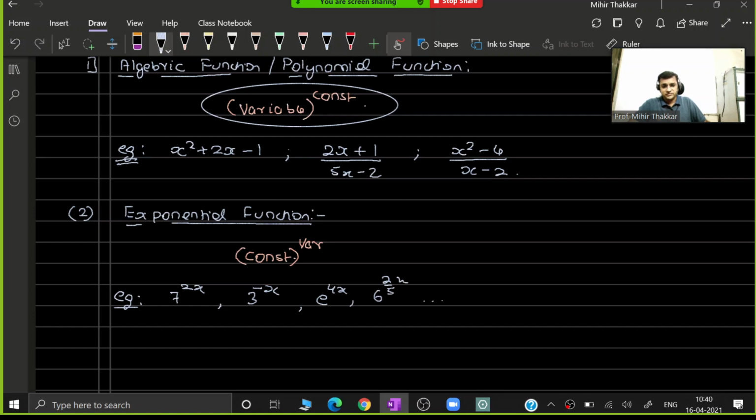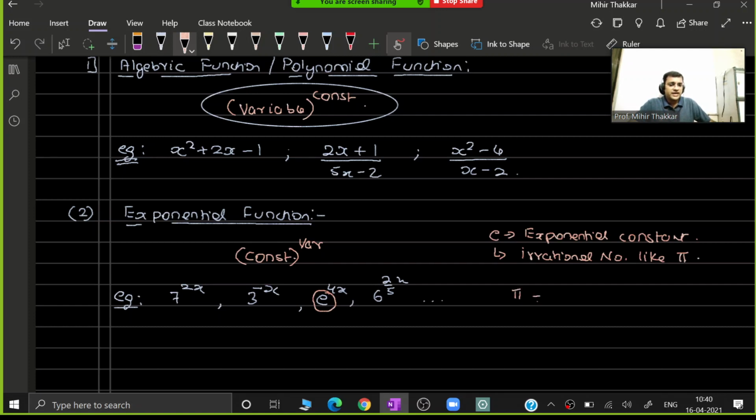It can be anything. Guys, in case you are not having an idea about e, what is this e? E over here is called an exponential constant, and it is an irrational number like pi.